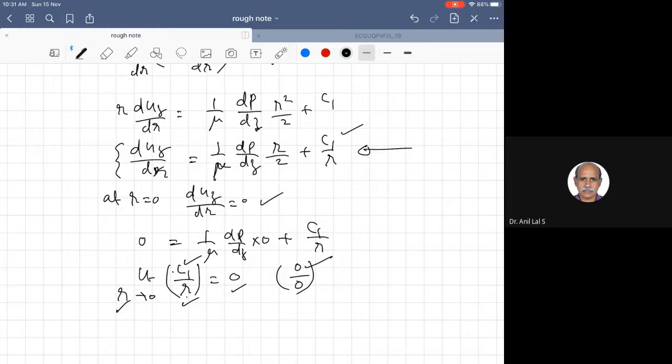So for making the limiting value equal to 0, c1 has to be equal to 0. So using this condition we get c1 is equal to 0.